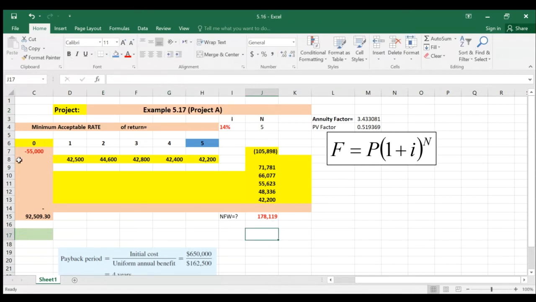In year 0, what are the cash flows? In this question it is minus 12,500. So I'm going to update 12,500. Then year 1, 6,400.